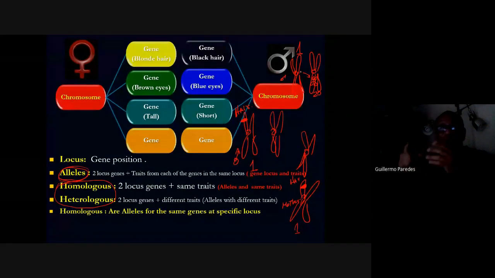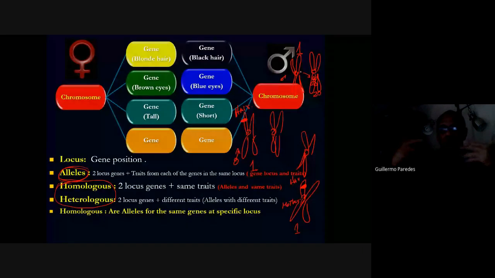Homologous, homo means the same. And if you compare one chromosome that is different from another chromosome, they have different departments. So those are heterologous chromosomes. Is that clear or no?